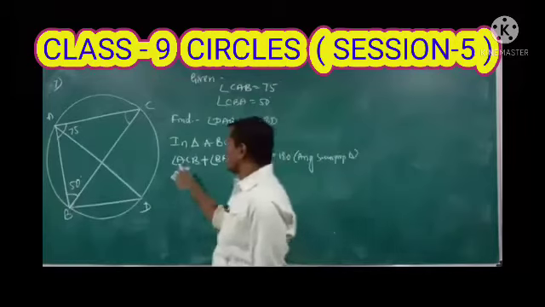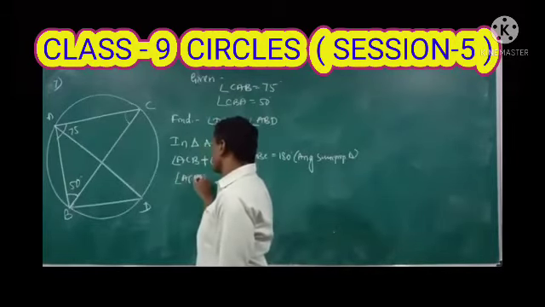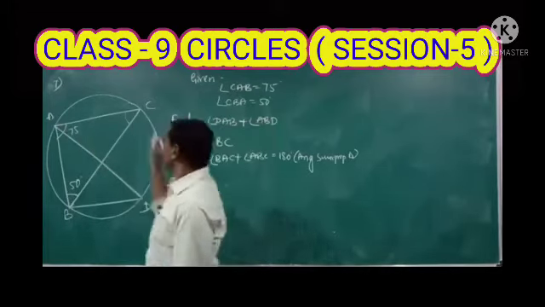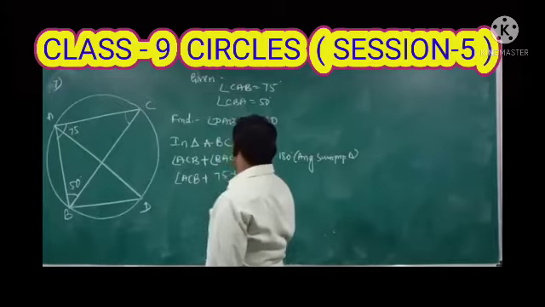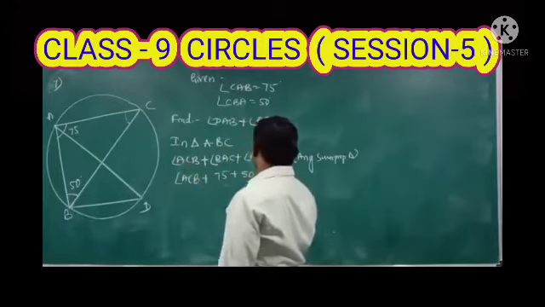In that, angle ACB we need to find, so write as it is: angle ACB plus BAC is 75 degrees plus ABC is 50 degrees, which is equal to 180 degrees.